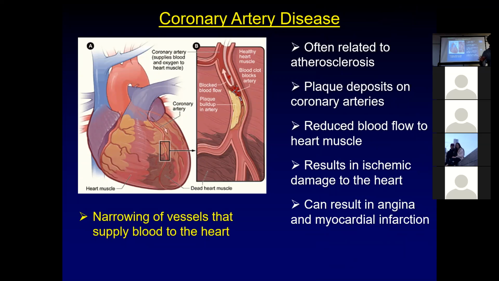Okay. So you have all of this atherosclerosis. Atherosclerosis tends to develop at places where there is going to be damage to arteries.